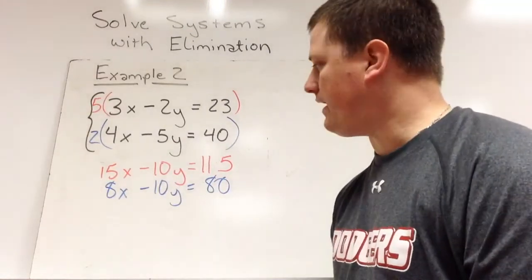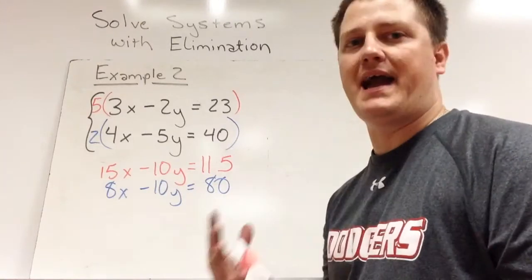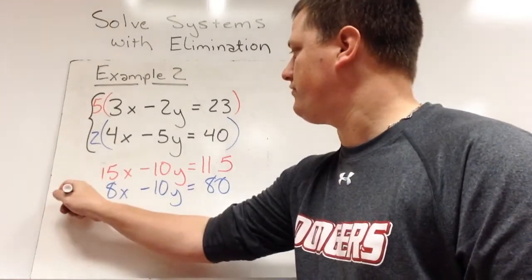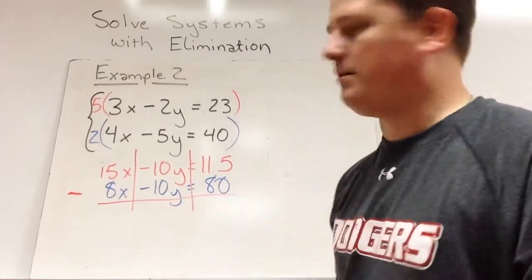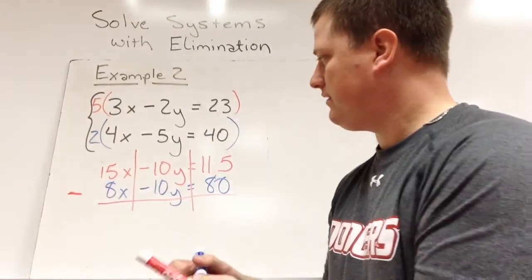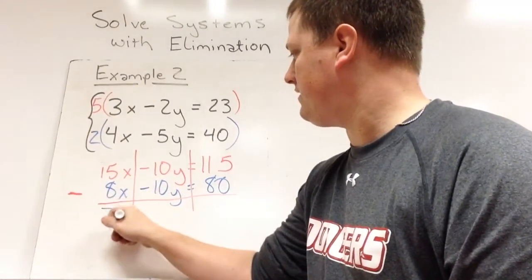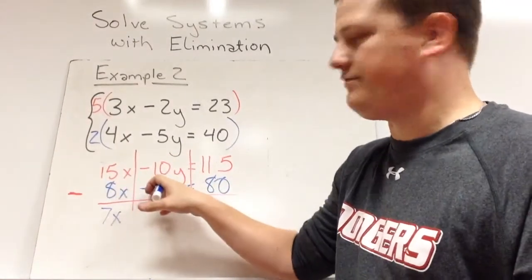What we would do now is notice how both our 10s are negative. So in this case, we can't add, we actually have to subtract. So I'm going to make my lines to help guide this. I'm going to go 15 minus 8, which is 7x. I'm going to go negative 10 minus negative 10.